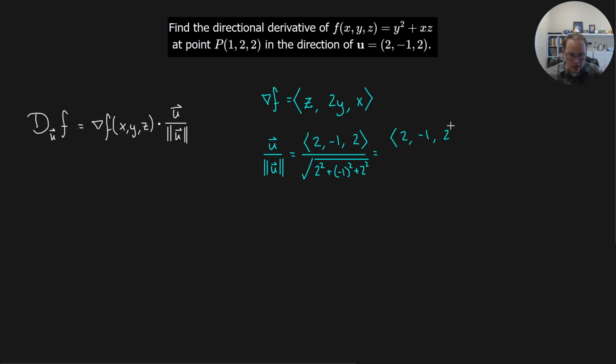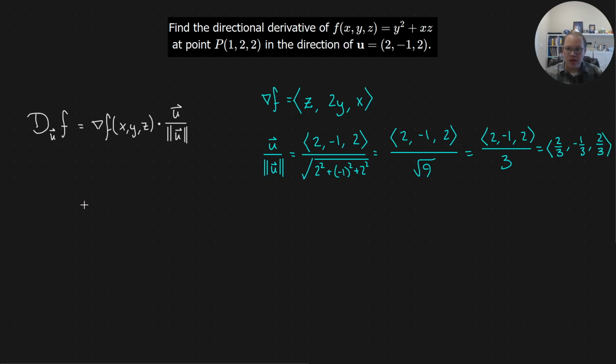I'll leave the numerator the same for now. In the denominator, 2 squared plus 1 squared plus 2 squared, that's 4 plus 1 plus 4, that's 9. Square root of 9 is 3. So I get 2/3, negative 1/3, 2/3.